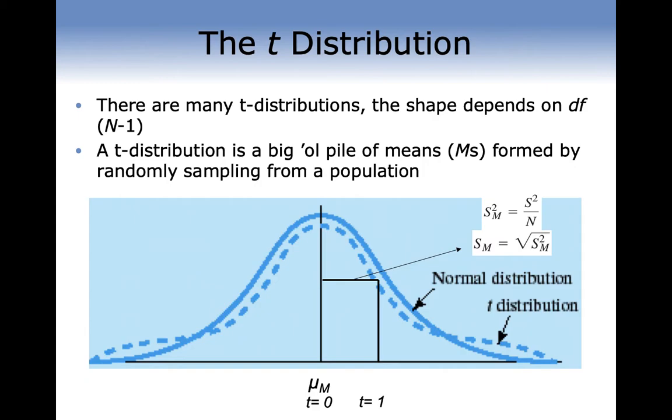And so that actually has a special name in statistics, and that's called the standard error of the mean. That standard error of the mean tells us about how much we can expect any sample mean to be in error as an estimate of the population mean. Another way of thinking about that is for any possible sample mean that we sample, we expect that it will differ from the population mean, and that standard error will tell us by about how much.